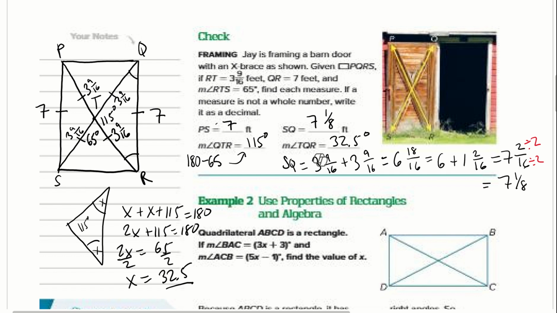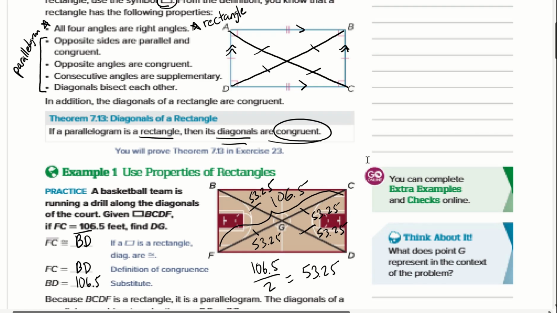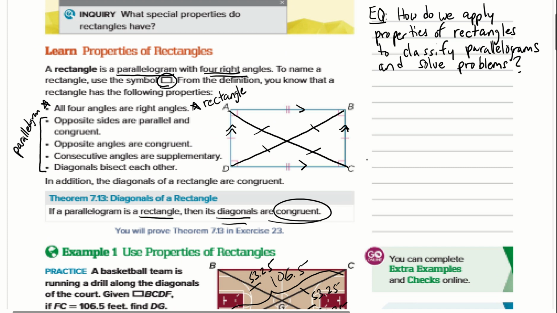So there's a lot going on here. Not only do we have the properties that we mentioned here, we also have the additional property that because these are congruent, this is congruent to this. And so this is important for you to recognize.